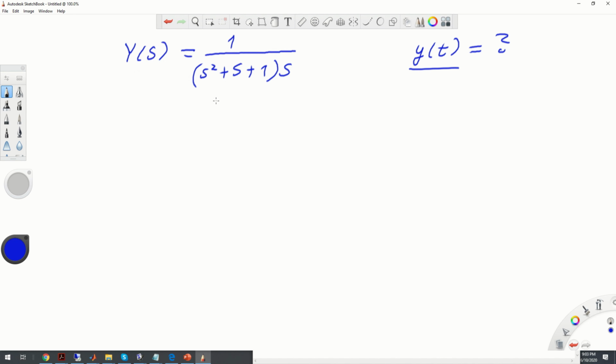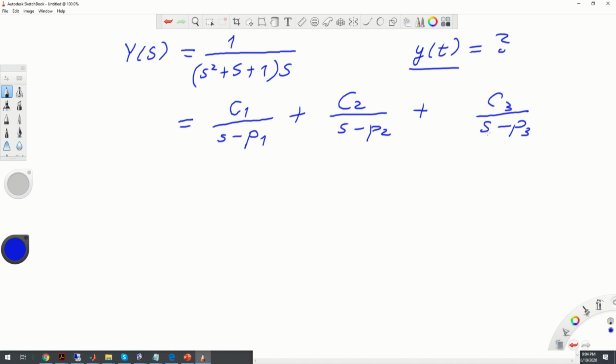Now, here comes something that we learned in the previous lecture. How to compute an inverse Laplace transform? Well, the easiest way is to use partial fraction expansion. That is, we can represent this function as c1 over s minus p1 plus c2 over s minus p2 plus c3 over s minus p3.